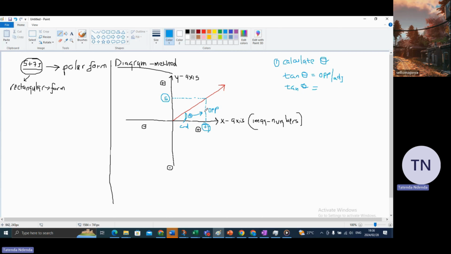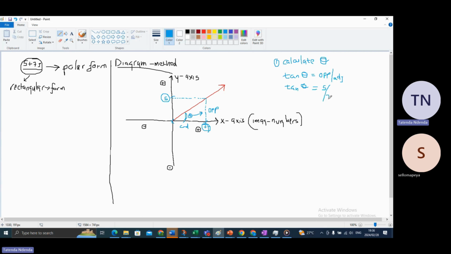So now our tan theta is equivalent to opposite. Now we are dealing with units. So whenever you're calculating this angle, there's no need to use the j's because we are dealing with units. From this point here to this point, we're having 7 units. And from this point going upwards, we're having 5 units. So opposite is going to be 5 over 7.